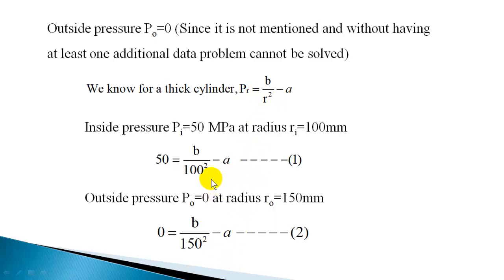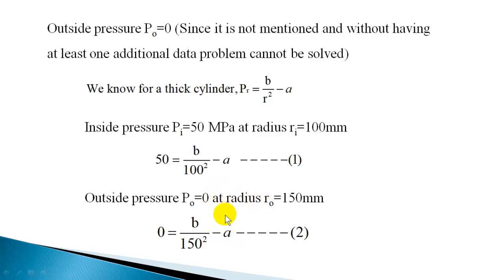Okay. Now to solve for B and A, you can subtract these. You can subtract equation 2 from equation 1. So you will get 50 minus 0 is equal to B by 100 square minus B by 150 square, minus A minus of minus A, so A will cancel.